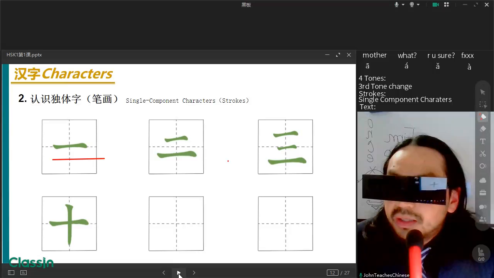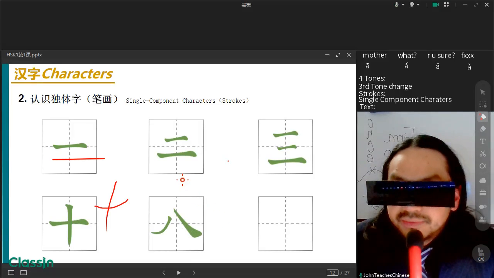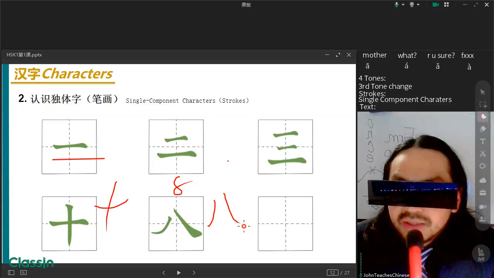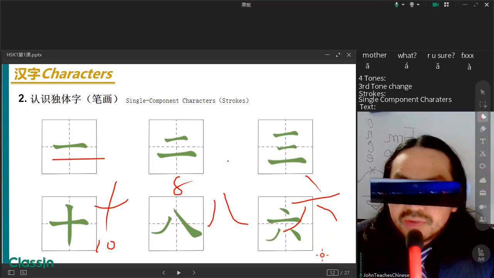Next one is 十, ten. You write it in this way. This is 八, eight. You write it in this way. This is 六, six. You write it in this way.